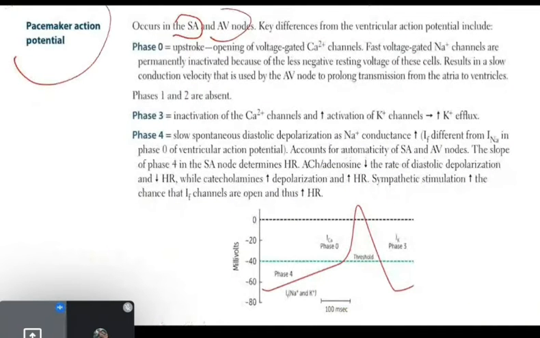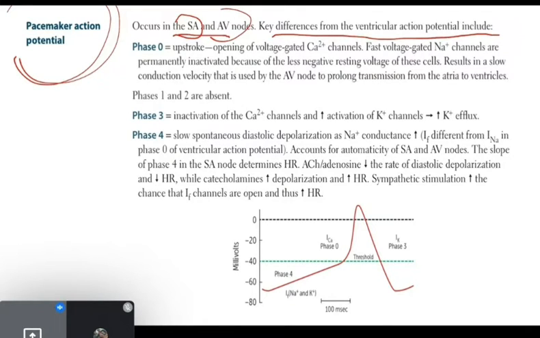Now, in contrast to this, you have the SA node and AV node, the sinoatrial node and the atrioventricular node. How does the action potential happen in these two? Now, the SA node and AV node action potential has key differences from the ventricular action potential.